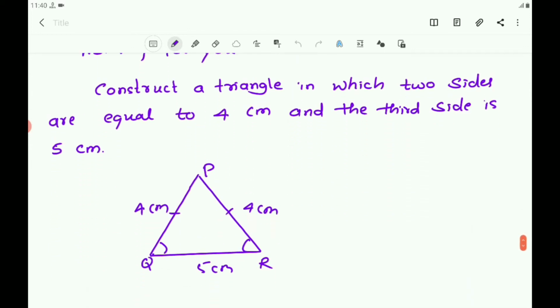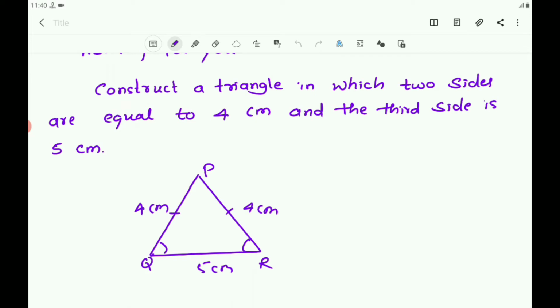After getting the triangle, here PQR is a triangle with PQ equals PR equals 4 cm and QR is 5 cm. Measure the angles Q and R. What do you observe?